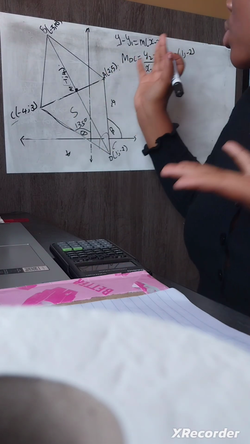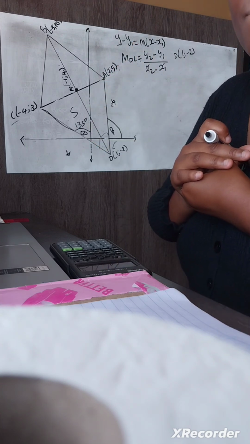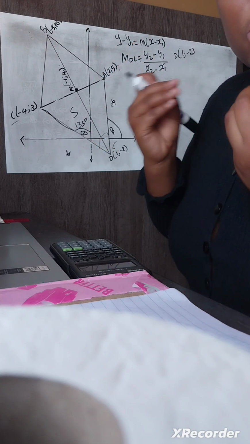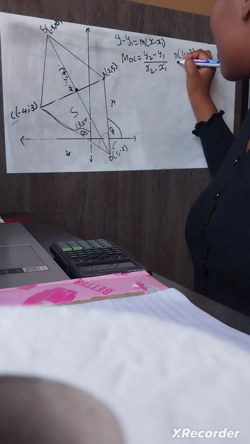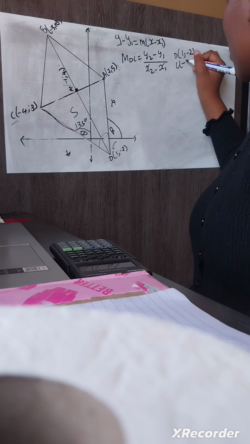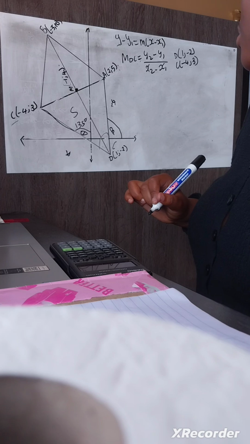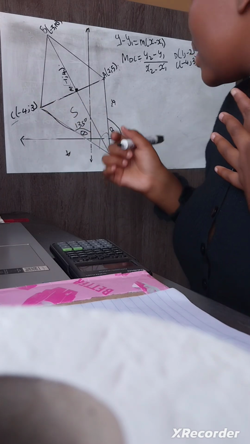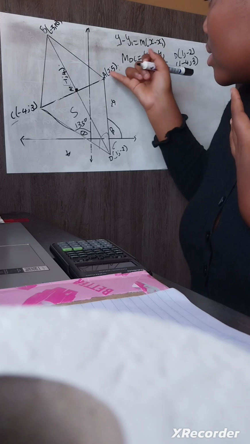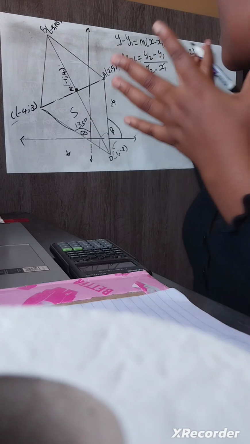Like maybe you substitute the coordinates of A by mistake. Mistakes happen, right? So try to write the coordinates down so that you know that you're on the right track.